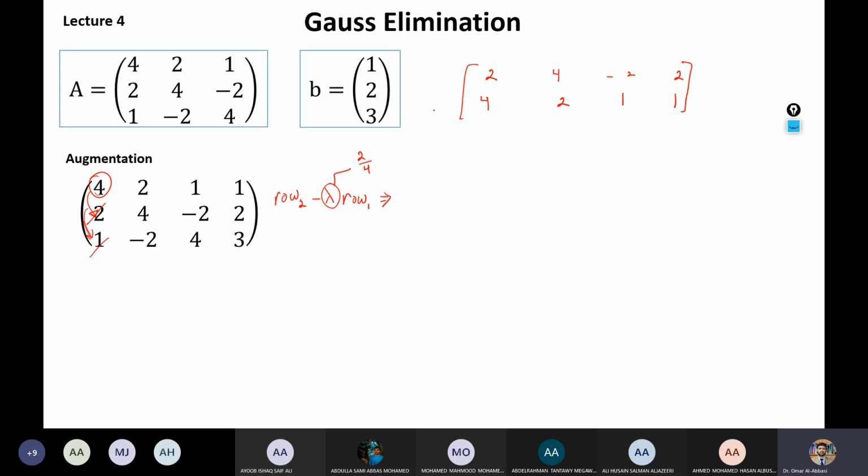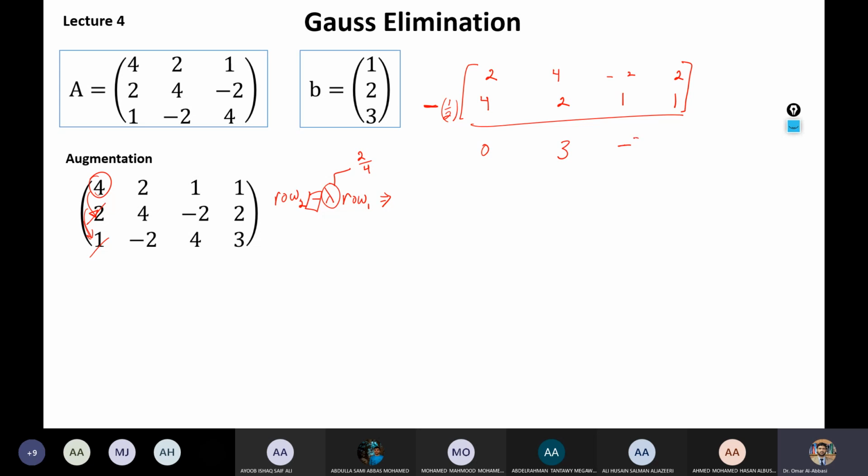So what was lambda, guys? One more time. 2 over 1, minus of course, minus 2 over 4, which is 1 over 2. So 2 times 4 over 2, that is 0. 4 minus 2 over 2, that is 3. Minus 2 minus half.